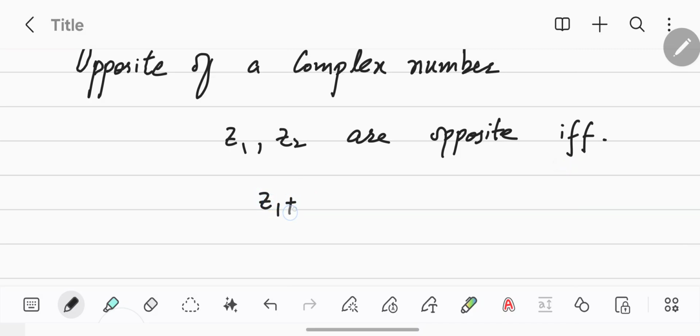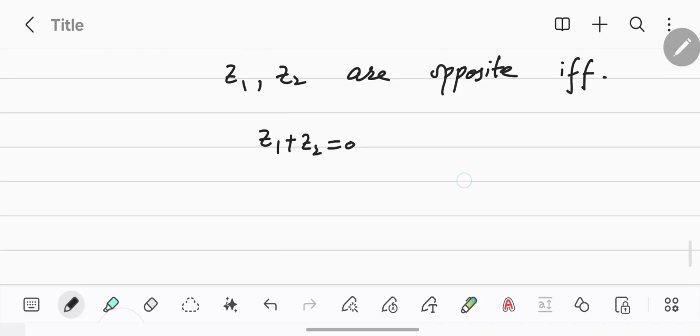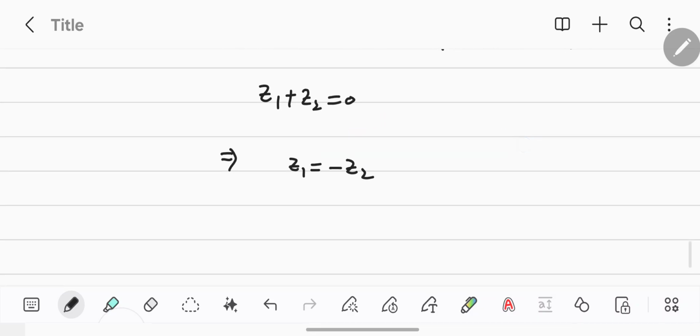If and only if z1 plus z2 is 0. Okay, what is meant by this? It means z1 must be equal to negative of z2, because if you take z2 here, it will be negative.